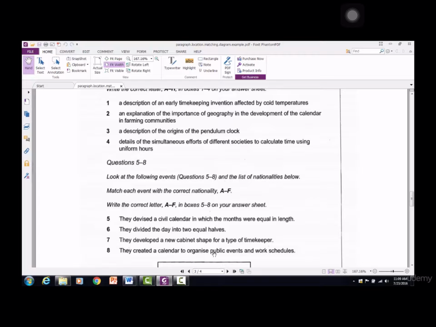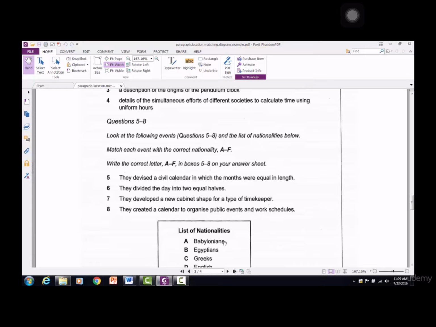And regulating planting and harvesting is the same thing as having a calendar for work schedules. So for number 8, we know that the answer is A. So on our answer sheet, we would put A as our answer for number 8.